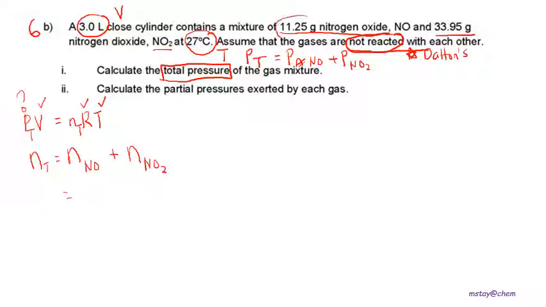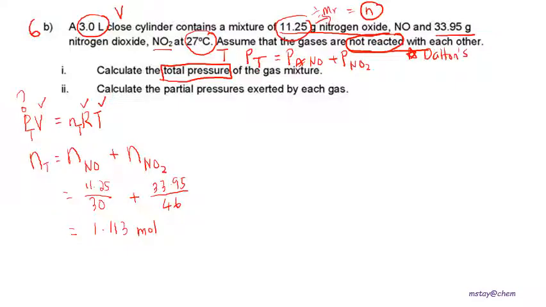With the mass given, we divide by the molar mass to get the number of moles. So 1.25 gram divided by the molar mass of nitrogen oxide, 30, plus 33.95 gram of nitrogen dioxide divided by 46, the molar mass. So the total number of moles will be 1.113 mole.